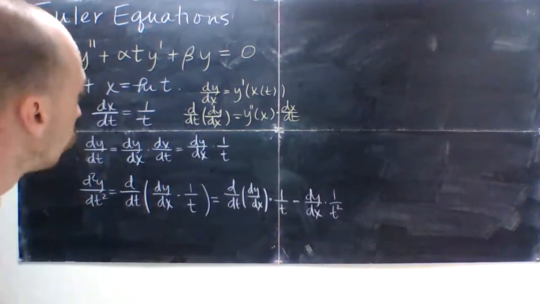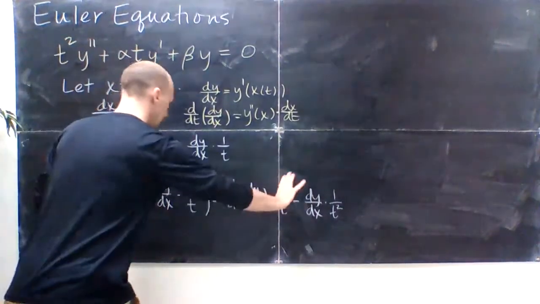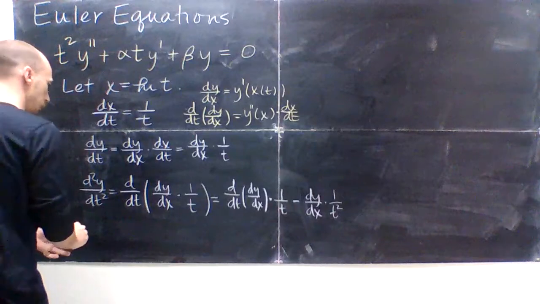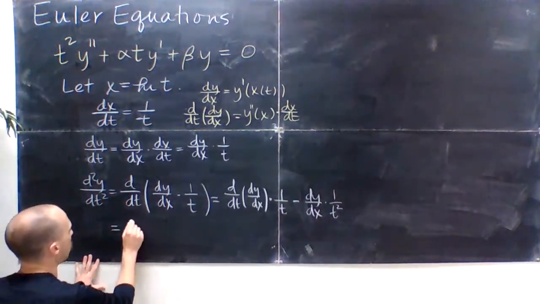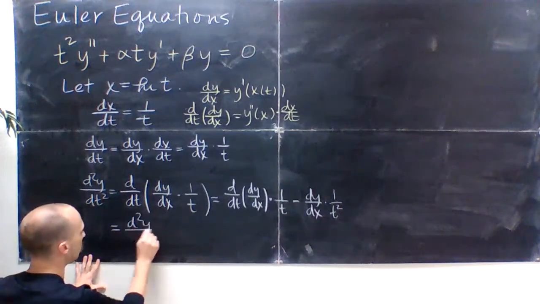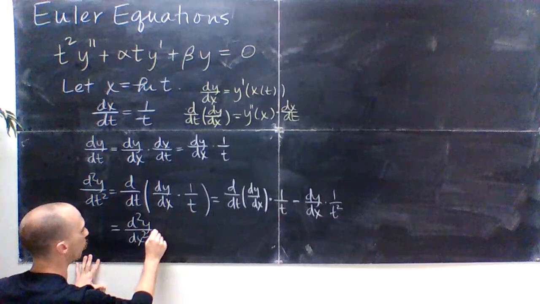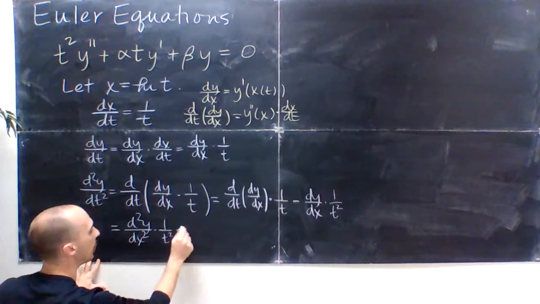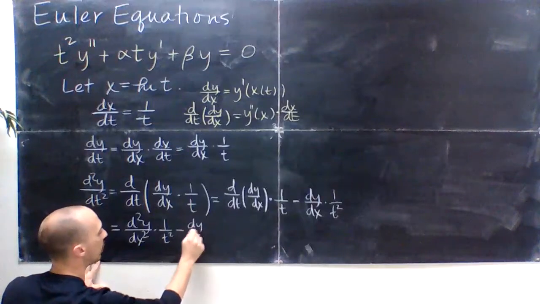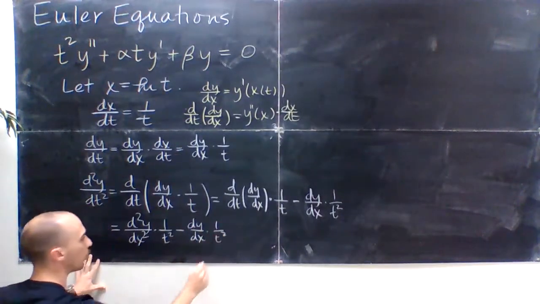I'm going to collapse all this down: I have the second derivative of y with respect to x both times 1 over t squared, minus dy dx times 1 over t squared.